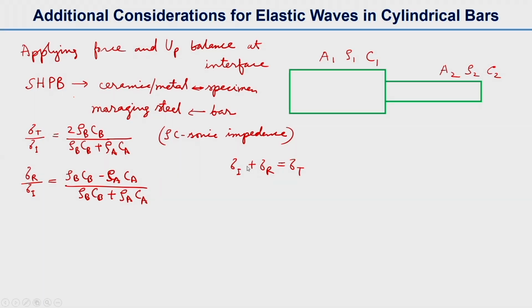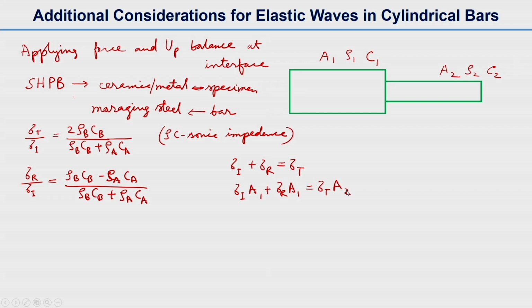What we had earlier, the equilibrium, was sigma I plus sigma r equal to sigma t, but now we have different areas. So sigma I A1 plus sigma r A1 equal to sigma t A2.